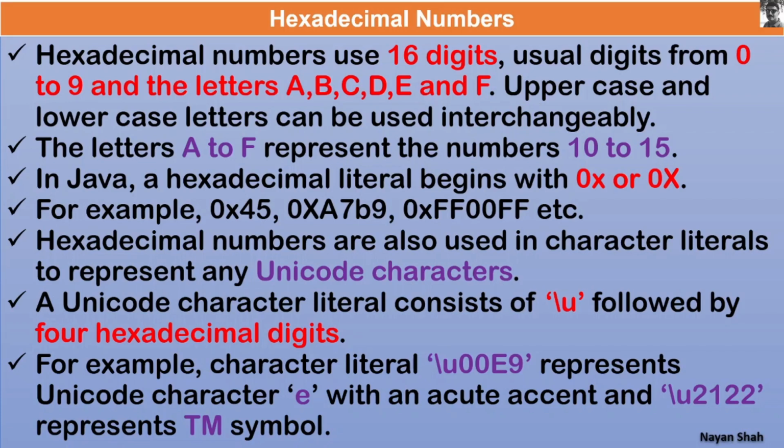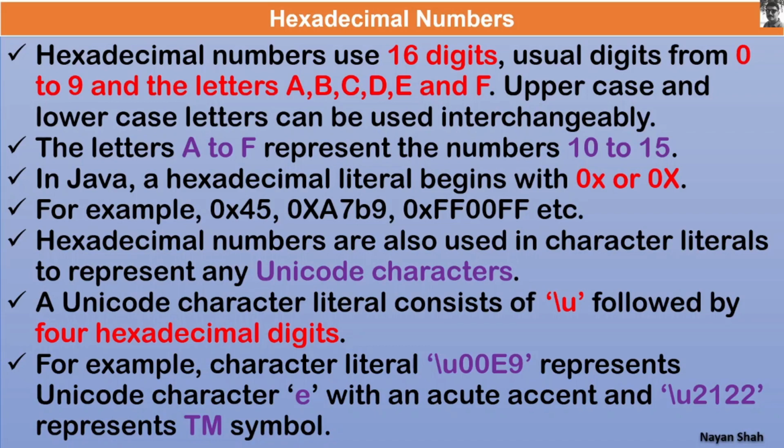Hexadecimal numbers are also used in character literals to represent any Unicode character, and we will see some examples. A Unicode character literal consists of \u, where \u indicates that it's a Unicode character, followed by 4 hexadecimal digits. For example, the character literal \u00E9.